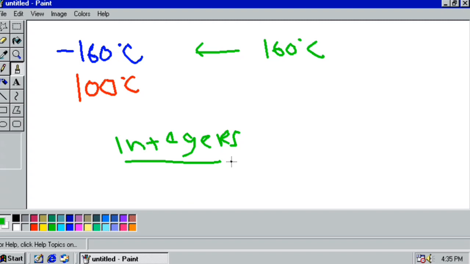So opposite quantities abound in real life. For example, 1 kilometer north is the opposite of 1 kilometer south.